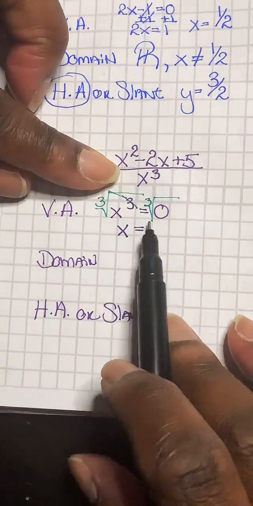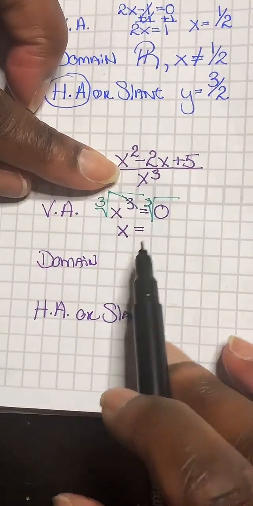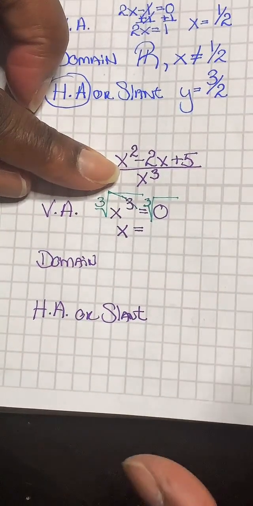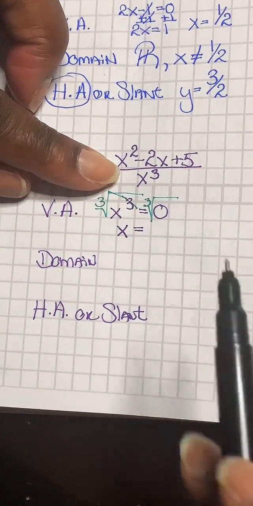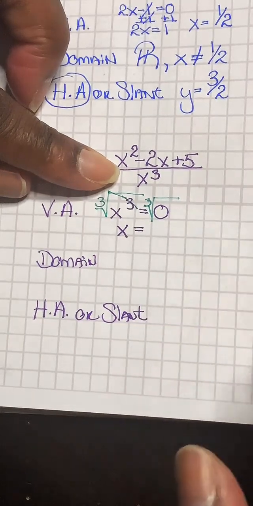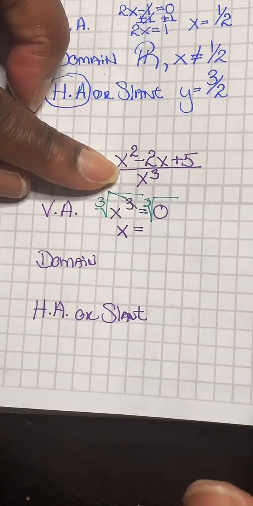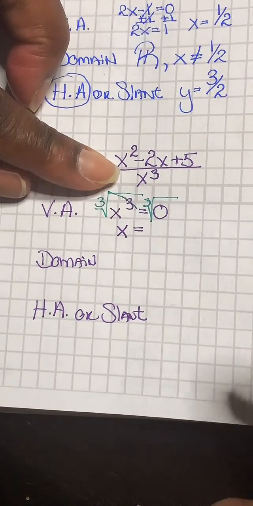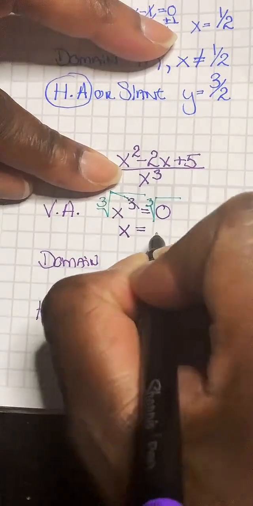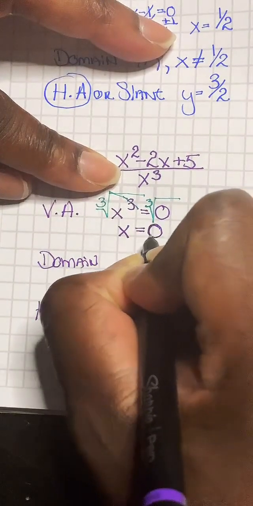Now, since it's a cube root, we don't put a plus or minus. Plus minus only goes for squares and square roots. But we have the cube root of 0. So 0 times 0 times 0 gives us 0.